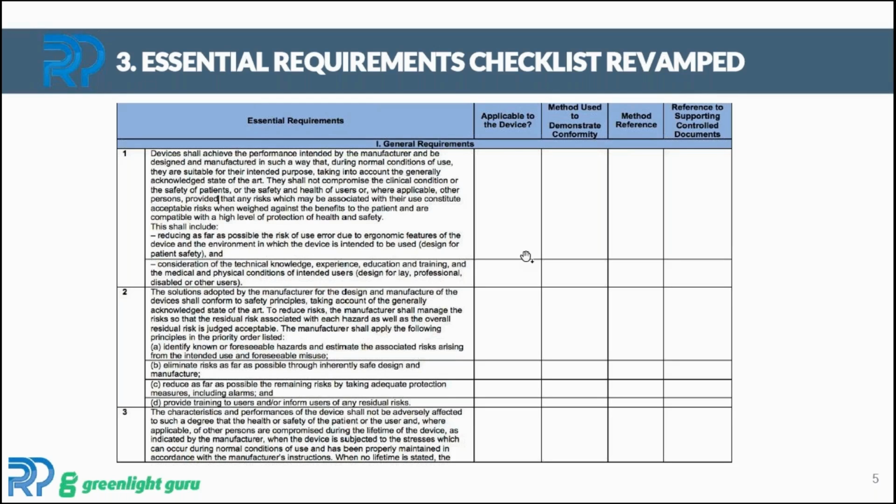As I said earlier, particularly if you're a class 2B or a class 3, the notified body is going to be required, and it's in the regulation. The amount of information on how a notified body will behave and what the expectations on them are is significantly greater than before. I think there's almost 30 pages on how the notified body is expected to behave and what they're expected to review.